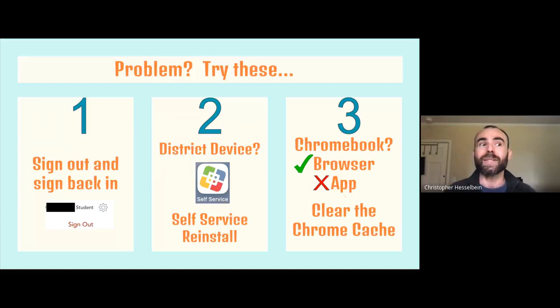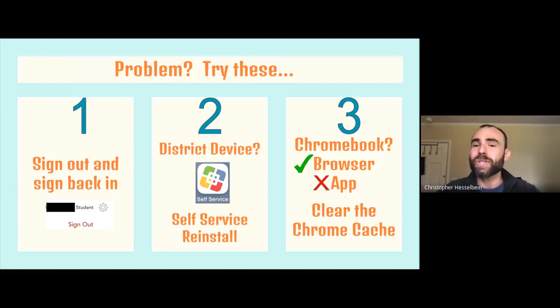So we've had some people saying that links aren't live or something, it just isn't working with the app. And when they've reinstalled from the self-service app, it tends to take care of a lot of those issues. The third thing is if you are using a Chromebook.